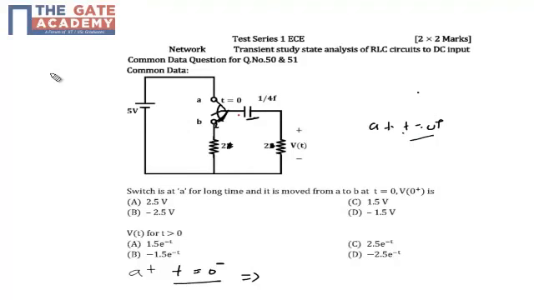It means that my capacitor will behave like a battery of 5 volt. And friends, here let's see the polarity of the battery. This terminal is connected to the positive terminal, so we have a positive sign at this side and a negative sign at this side.